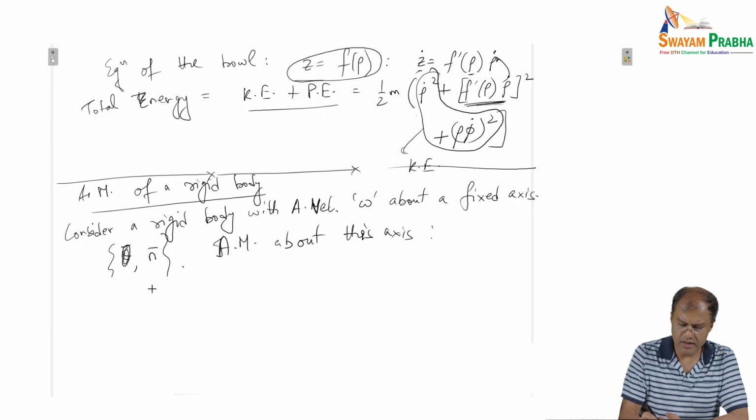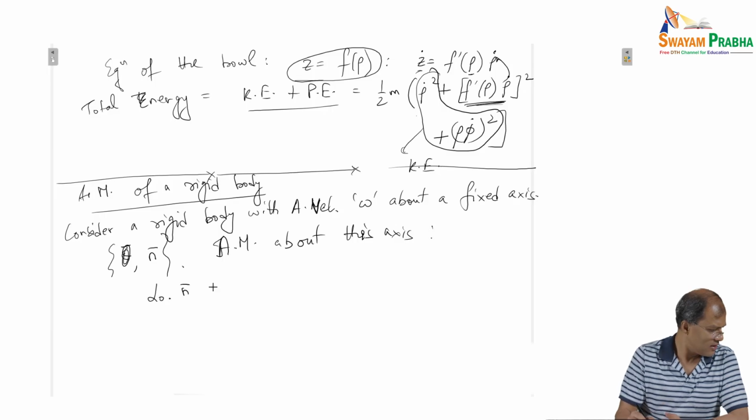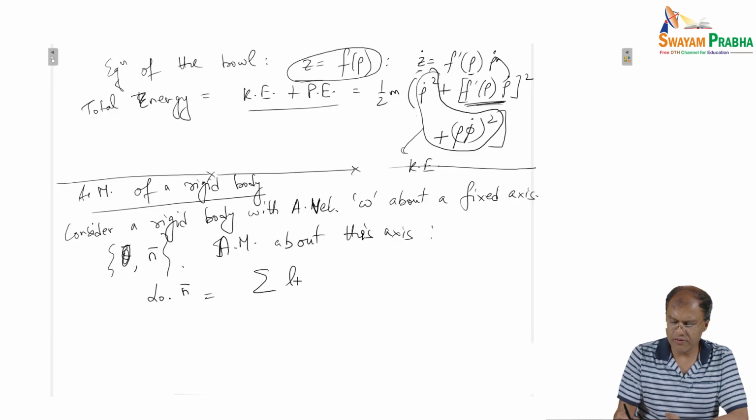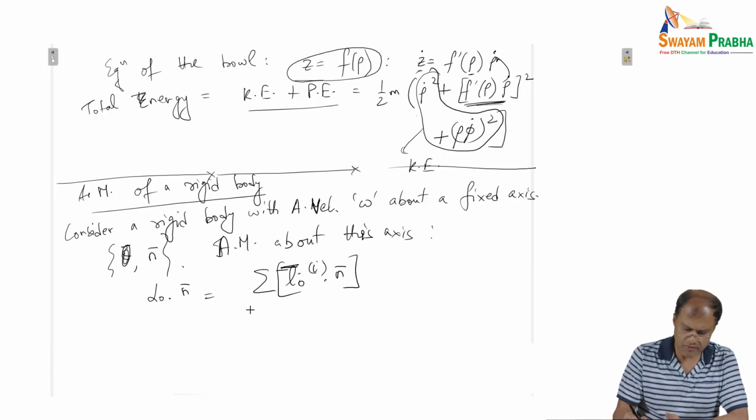is going to be L naught dot n, and this can be written as the sum of the individual components L0 i dot n, and this is going to be a scalar, where i is the sum over all the particles.